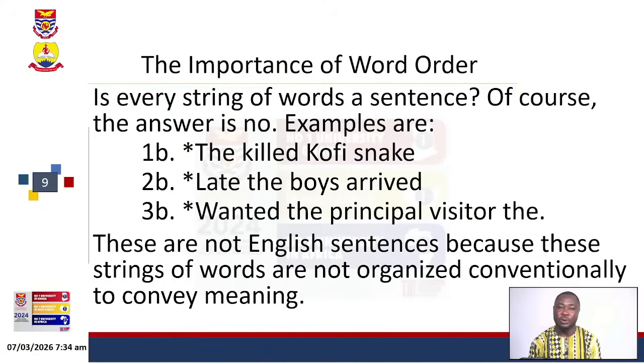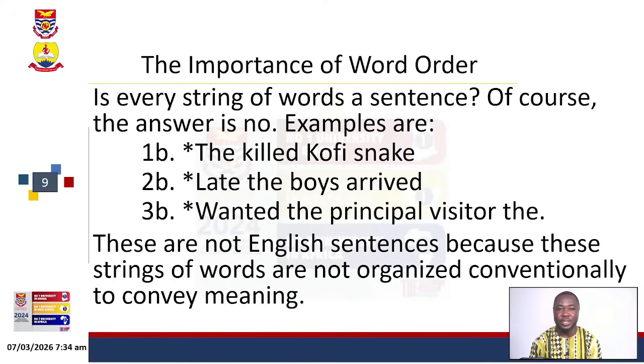That tells you that not any such arrangement can be understood as a sentence. So these constructions, let me not call them sentences. The asterisk there shows that they have issues. Okay? So these are not English sentences because this string of words is not organized conventionally to convey meaning, or they are not organized according to the rules of the English language.